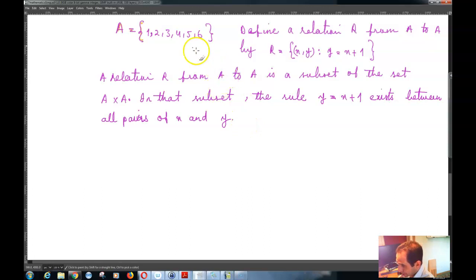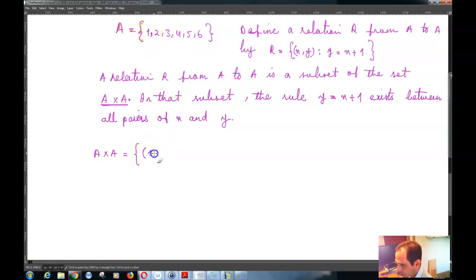So what that means is that first of all you need to find A times A. So A times A would be the set of all of these ordered pairs.